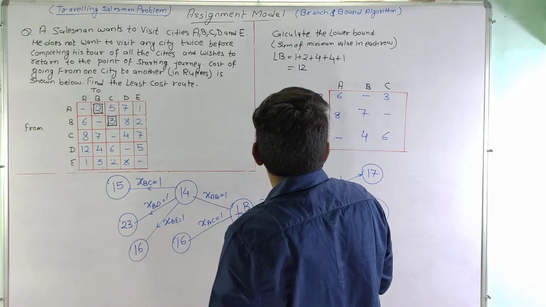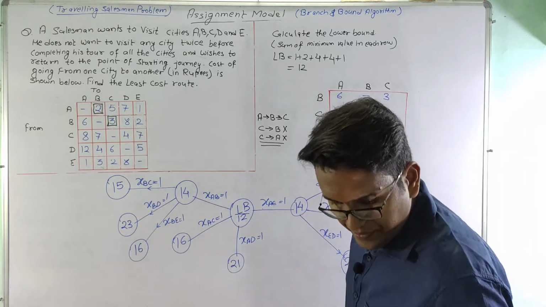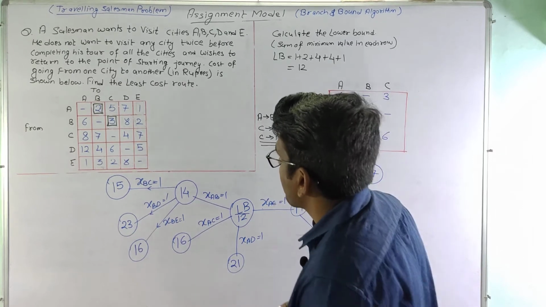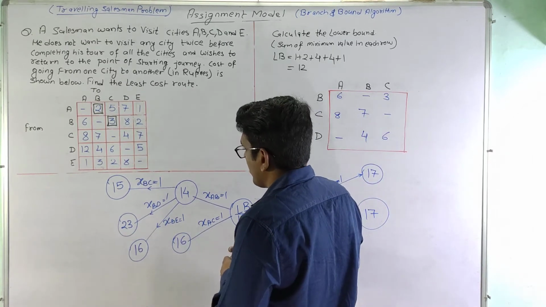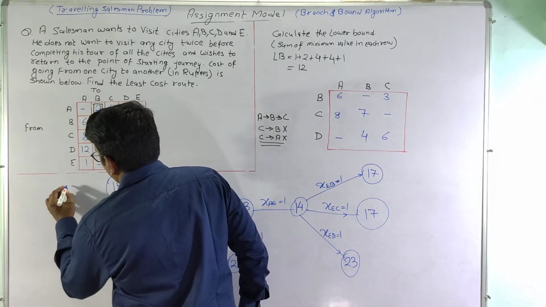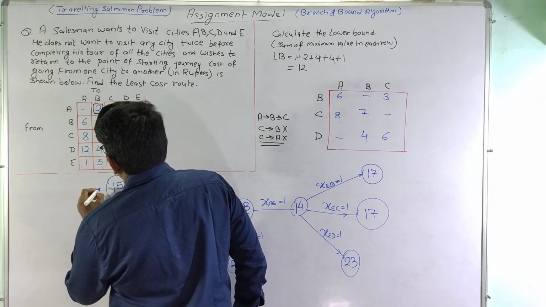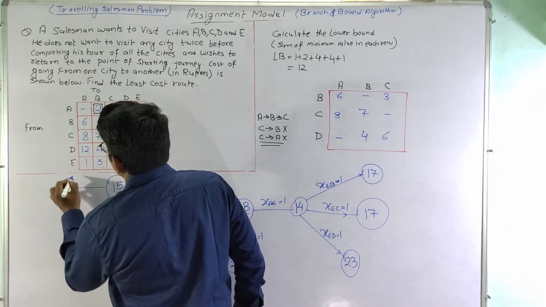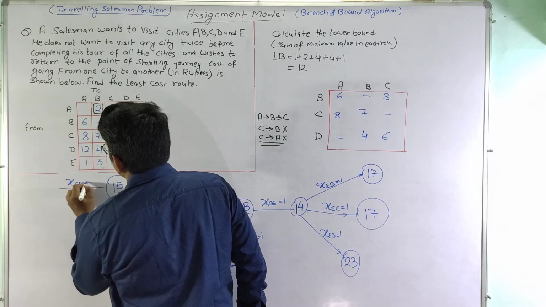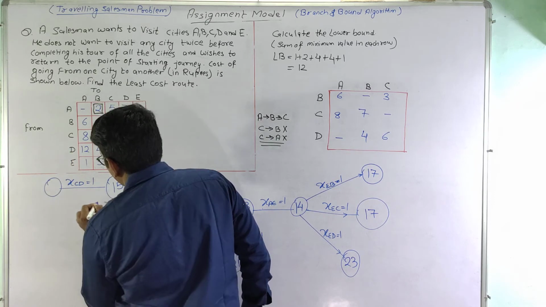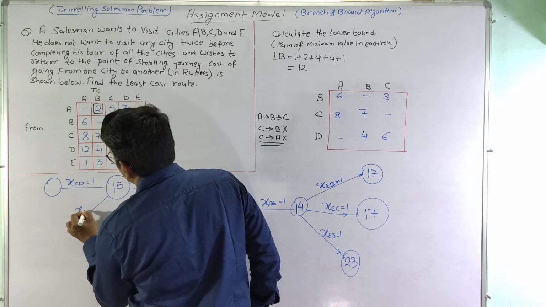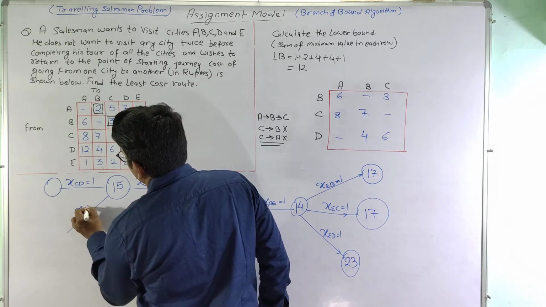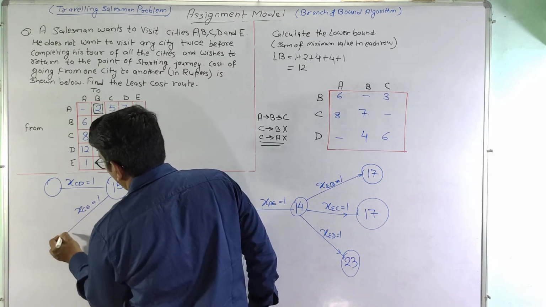Okay, so let us see. X C to D, C D equal to 1, and X C to E, C E equal to 1.